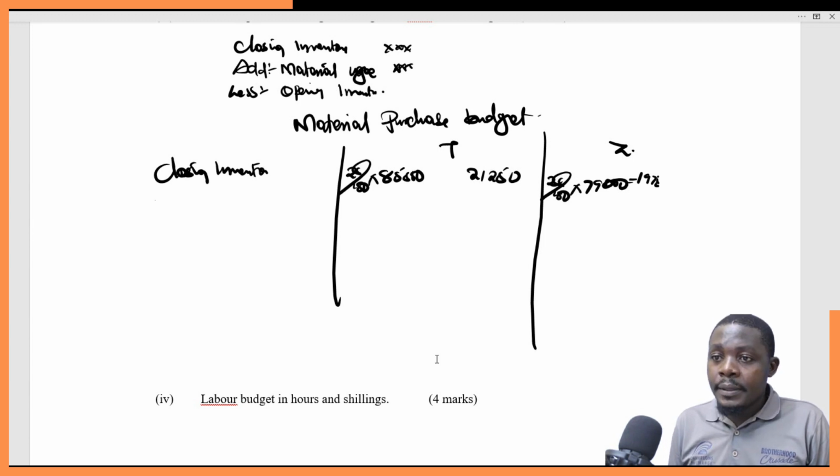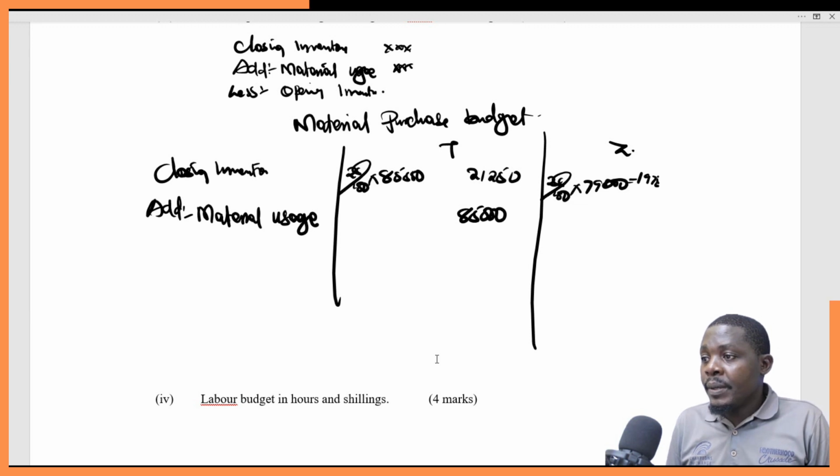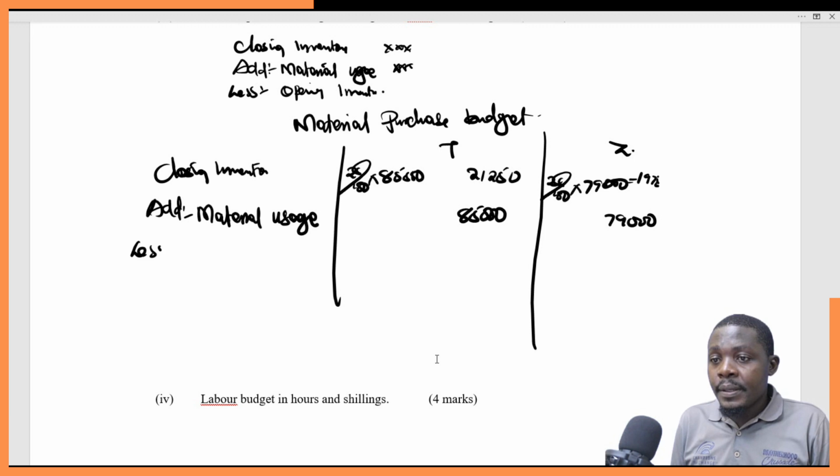Then we add material usage, which was what? We had here 85,000. Then we had 79,000. We less opening inventory.